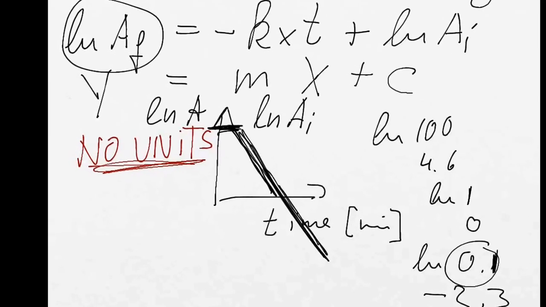However, if we have, for example, a reaction where we don't know whether it is a zero or first order reaction, what we can do is plot these reactions.